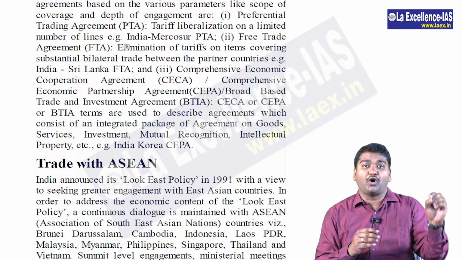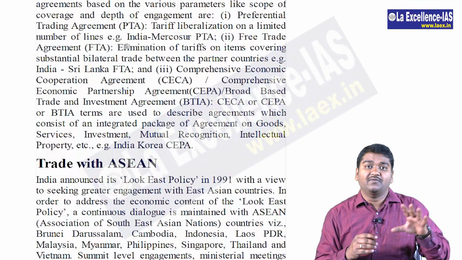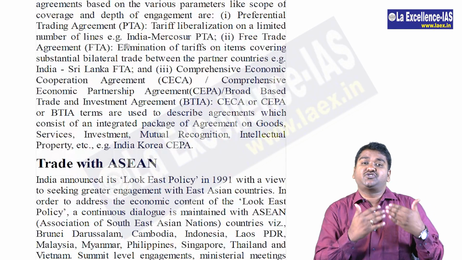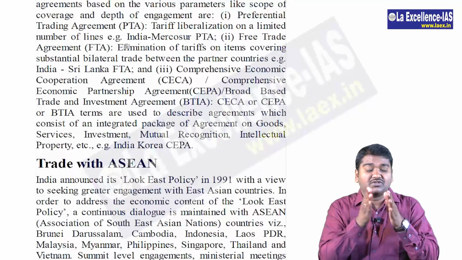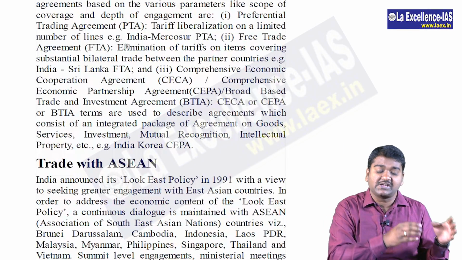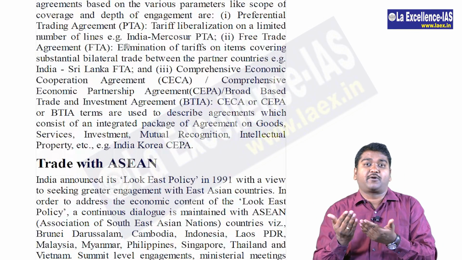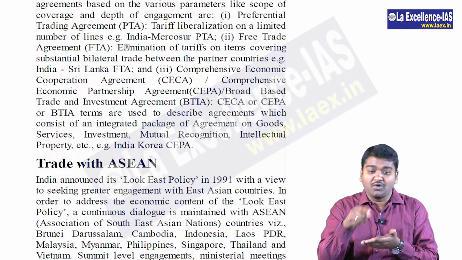A preferential trade agreement only on 10 products, so that we understand whether things will work or not. If there is a positive response, then we can go for multiple products. That is a free trade agreement. So a preferential trade agreement is only for a few products, whereas a free trade agreement will be for more products, usually 100 or 150. This is very, very important for us to look at.